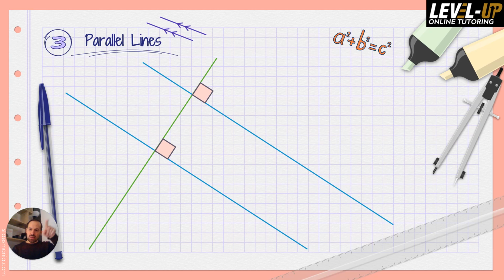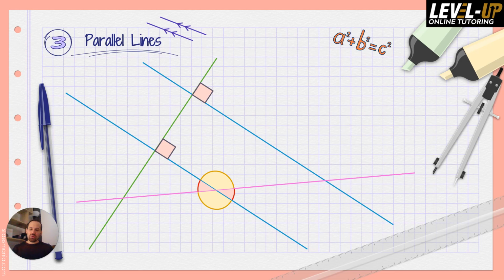The perpendicular bisector will be perpendicular to both of those lines. And you see the distance between these two lines will be the same all the way along. We could put any other line, like this pink line here. In general, at the intersection between two lines, you find opposite angles to be the same. So these two angles will be the same, and these two angles will be the same.